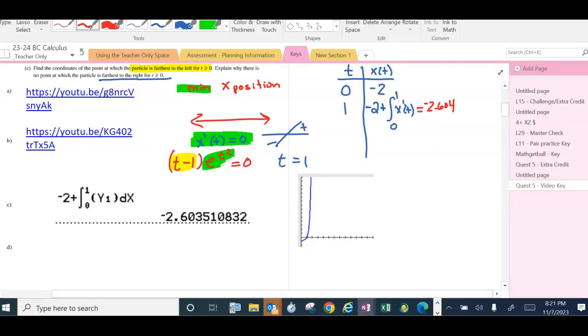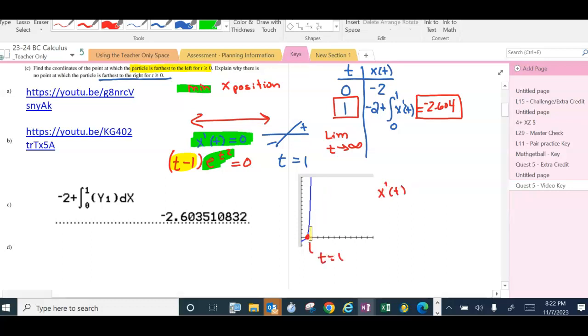Now there's so many ways to think about this next part, but you have found now your farthest left, and it's at time 1. And there's no endpoint. All we can do is really think about the limit as t approaches infinity. Here's the graph of x prime of t. Here's our t equals 1.